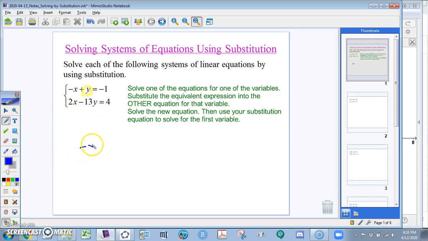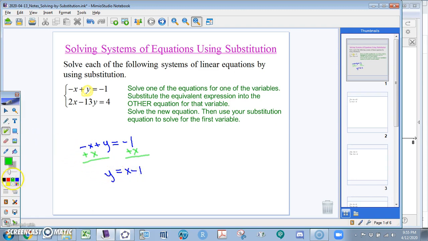Because if I have the opposite of x, or negative x, plus y is equal to -1, all I have to do to solve that is to add x to both sides. So adding x to both sides very quickly gets me that y is equal to x minus 1.